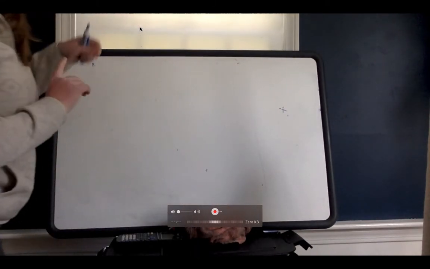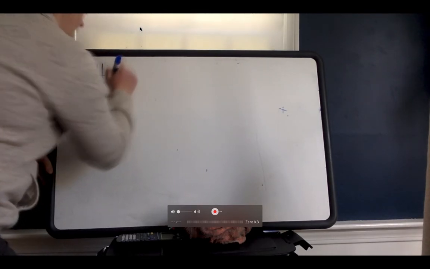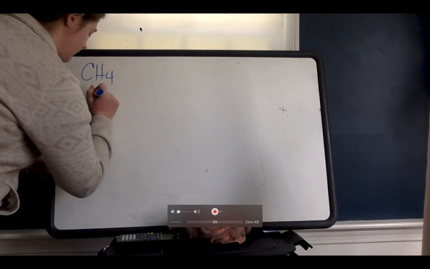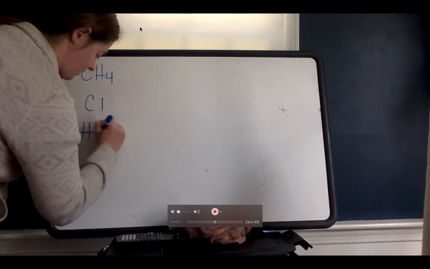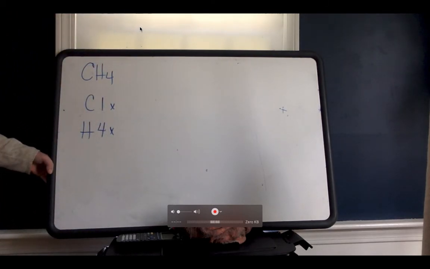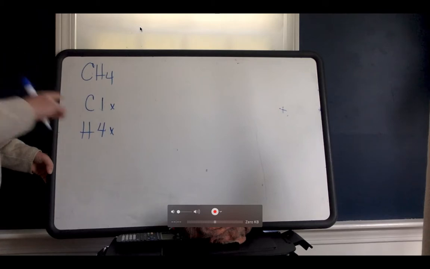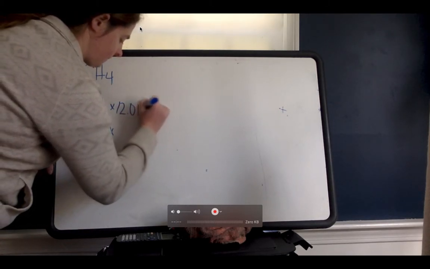The next problem that we're going to do is CH4. Our first step is to list the elements. We have carbon and hydrogen. There's 1 carbon, 4 hydrogen. You want to multiply times the mass on the periodic table. The mass of carbon is 12.01.